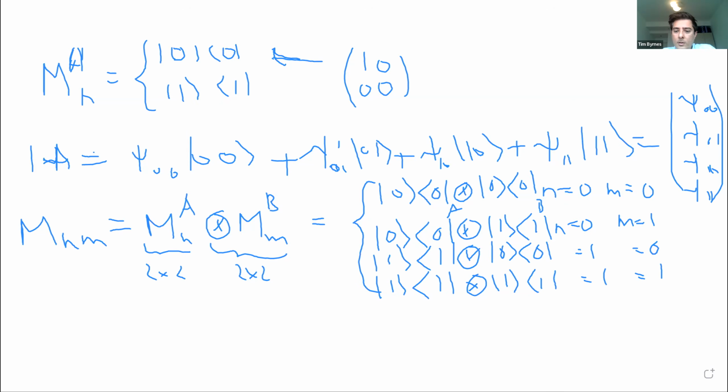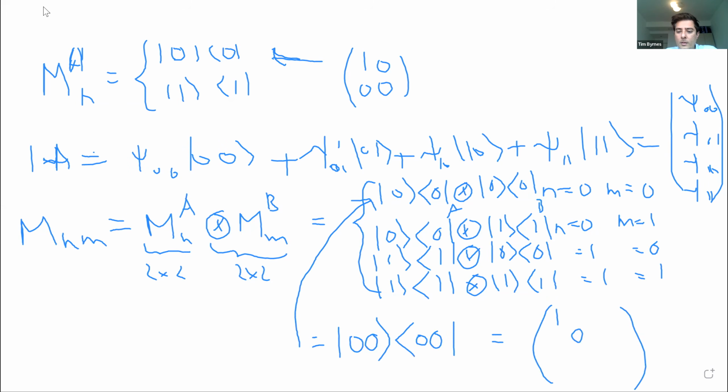This is a 4x4 matrix because, let's just look at the first example here. This one is the same as the state. In one of my alternative notations, this is Alice in the state 0, Bob in the state 0. And I can write that also in matrix form like this. All these off-diagonals are 0.